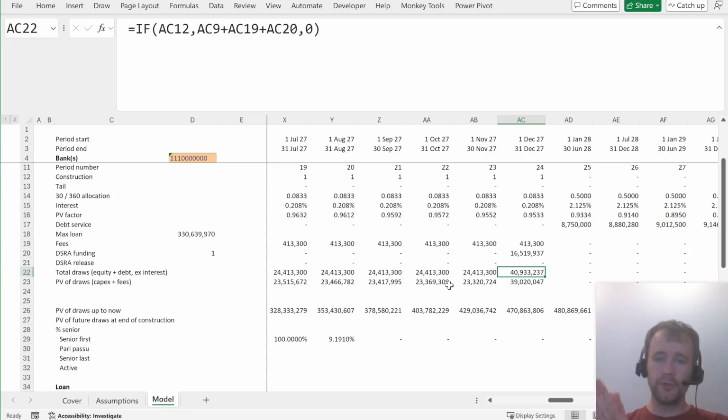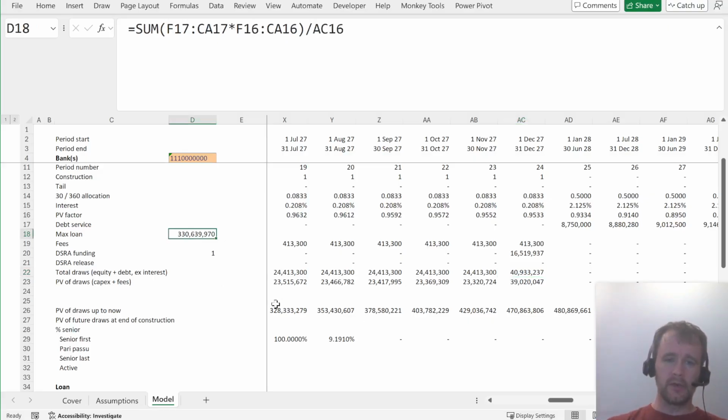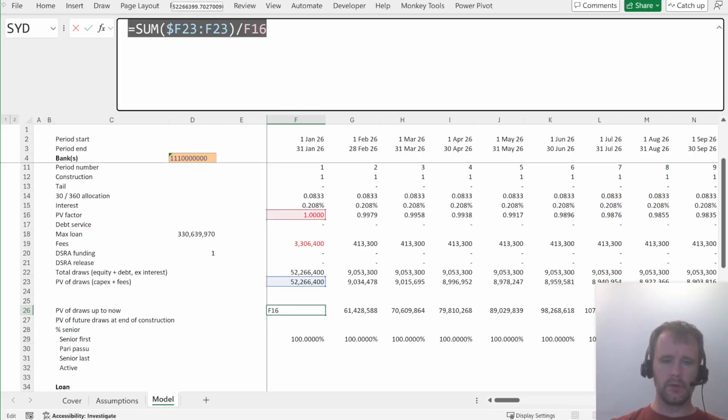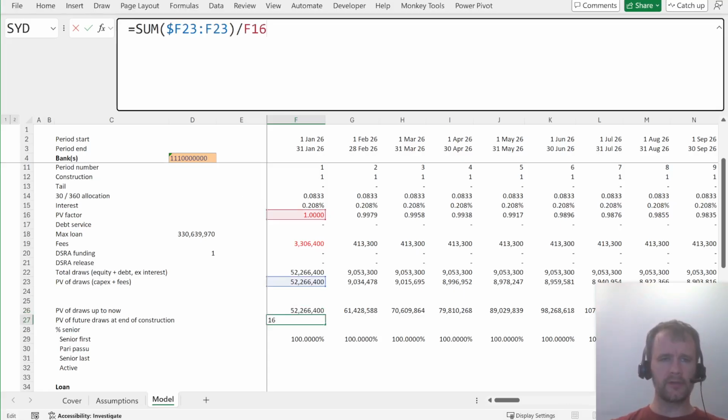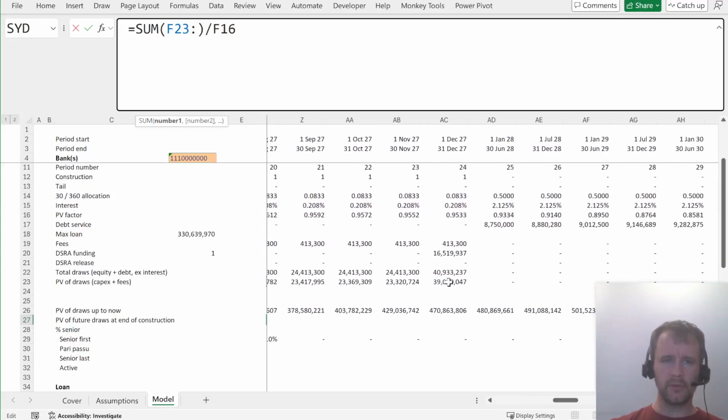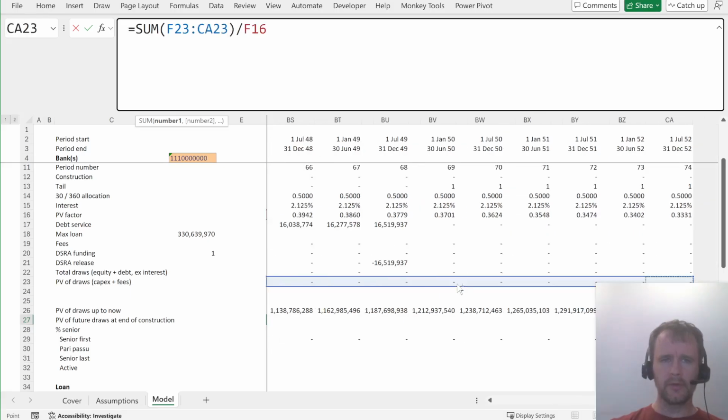What is the value of that shifted forward to the end of construction, because when the value of all the payments yet to come accrued up to that point becomes at least as small as this, that's when we're ready to start funding everything through debt. So, similar formula to here, except this time we're going to go out to the end of construction, or I guess we can go out to the end of forever, it doesn't really matter.